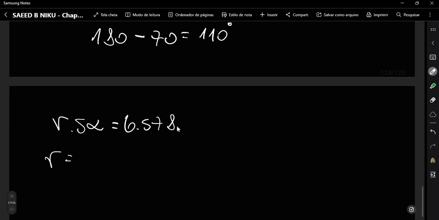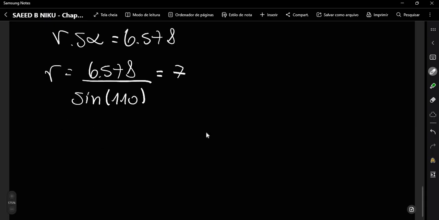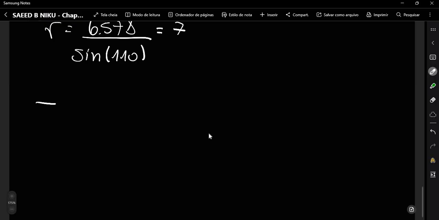So R is equal to that divided by sine of 110, and R is equal to 7. And this way we calculate the matrix before the position and the rotation of the robot got restored.